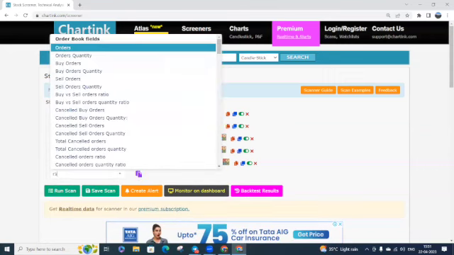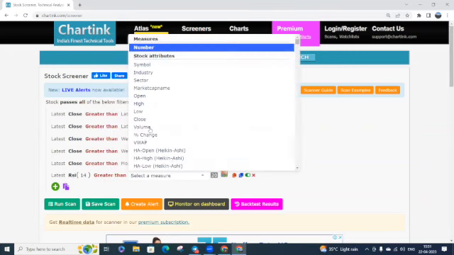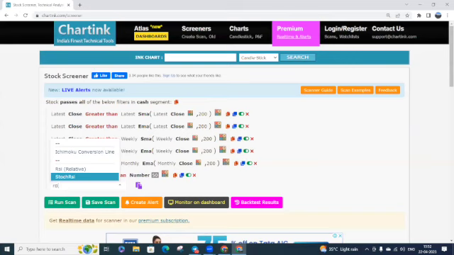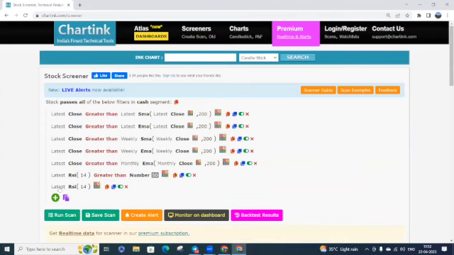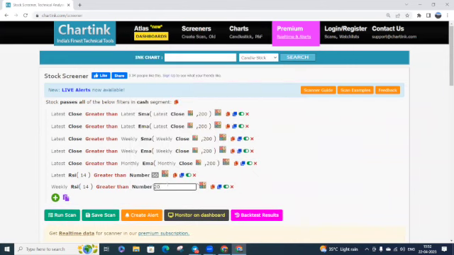Then I'll look for RSI. When the RSI is greater than a number, not 50, I'll take 51 or 50, whatever, I'll take 50. This is on weekly. Now RSI should be greater than 50, correct?